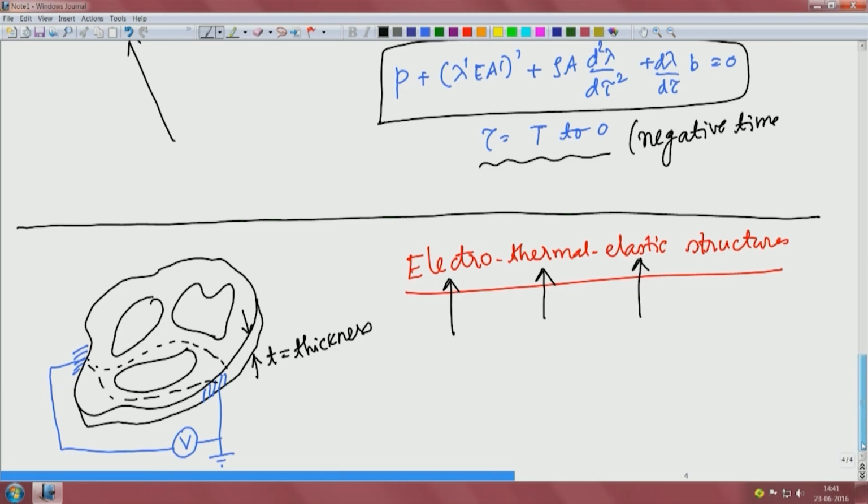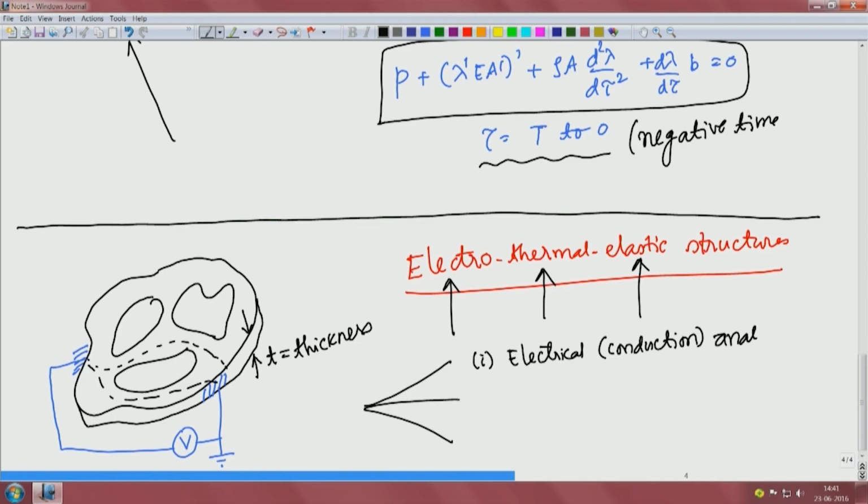Therefore, our problem statement is going to be a little complicated because it involves 3 analyses that we have to do in a sequence. First, we have to do electrical analysis, it is actually electrical conduction, because when you apply voltage to a conductor, the current is going to conduct.